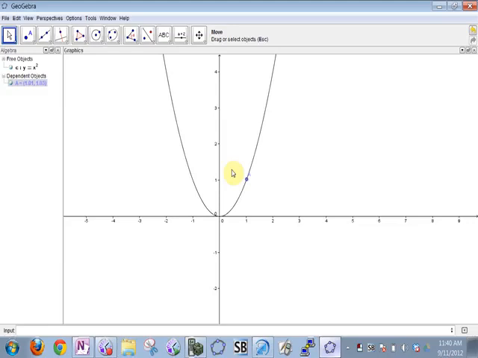It's repeated twice. Okay? Let's compare that to another even power, x to the 4th. So you can see the differences. X to the 4th is a lot more flat, because what happens to numbers that are between 0 and 1 when you raise them to a fairly large power? They get even smaller.